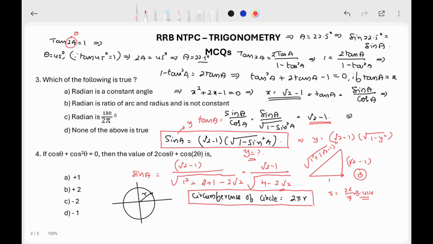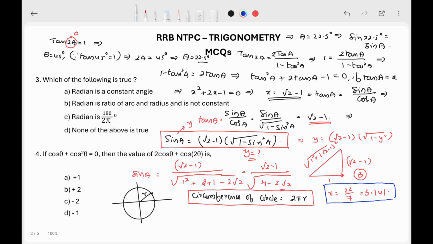Let's not bother about the numerical value of pi. This is what our teachers have taught us. You also might have learnt in your childhood.